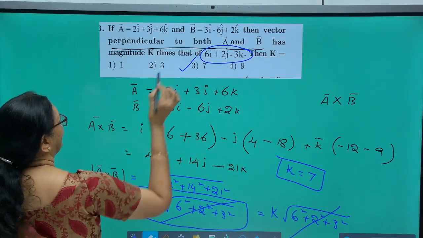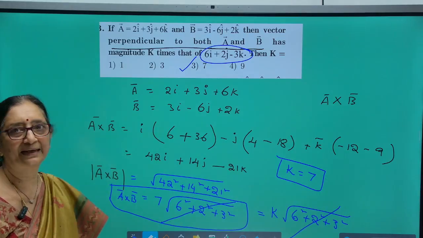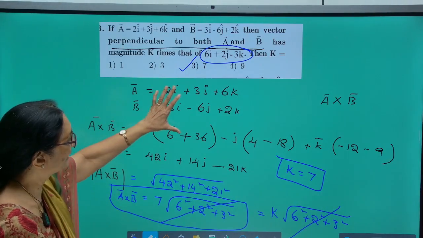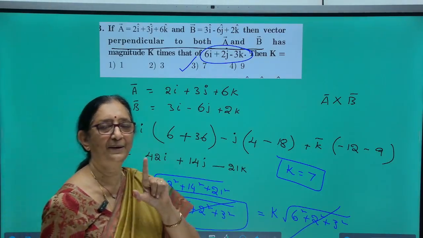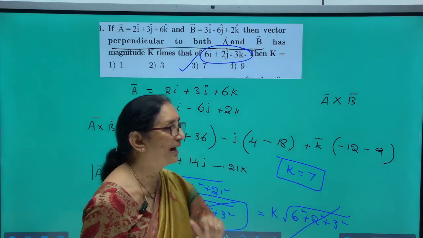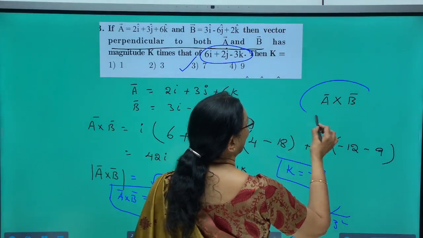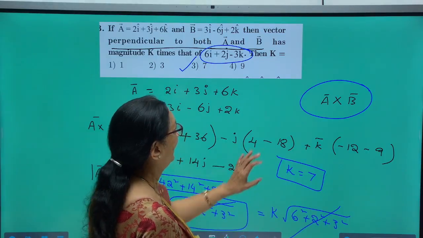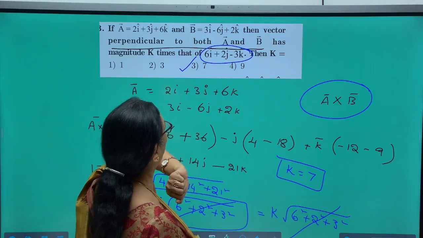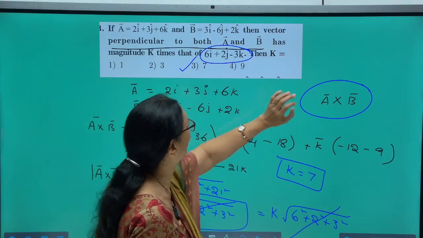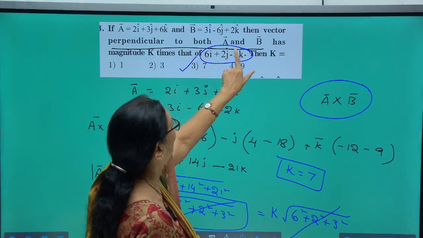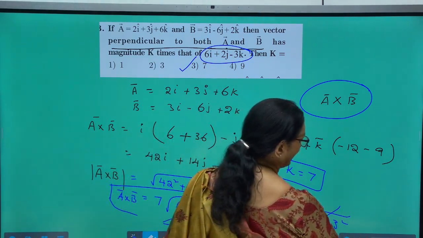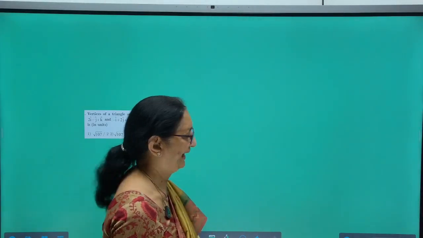So, the correct answer for that problem is k is equal to 7. Okay? So, here the point is the vector perpendicular to both A bar and B bar is nothing but just their cross product. You are just asked to find the value of k.